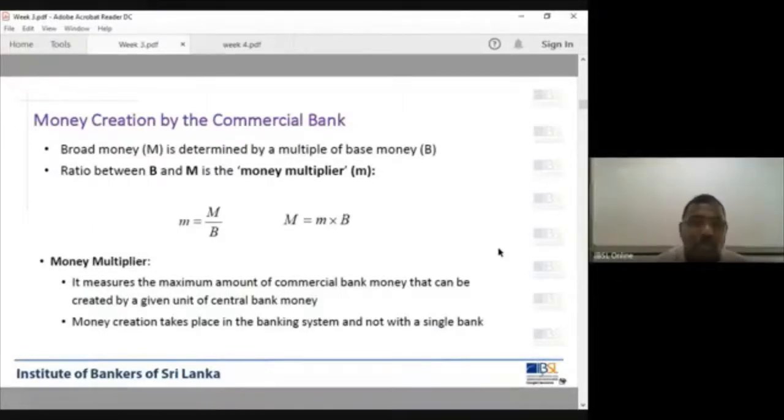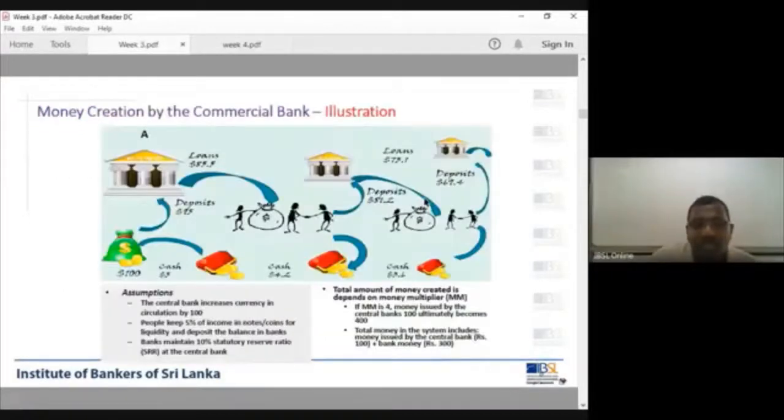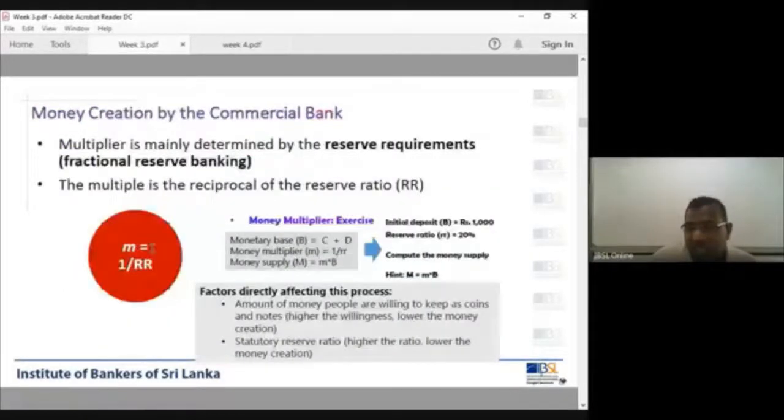Excellent. Through the money multiplier. So remember, in this case, broad M, which means total money supply, equals M times B, where M means money multiplier and B means base, reserve money. And we have just seen that if you change the reserve ratio, the money multiplier would change, isn't it?